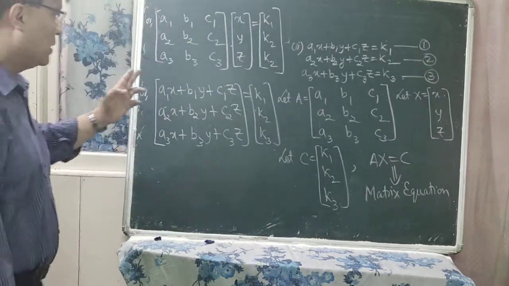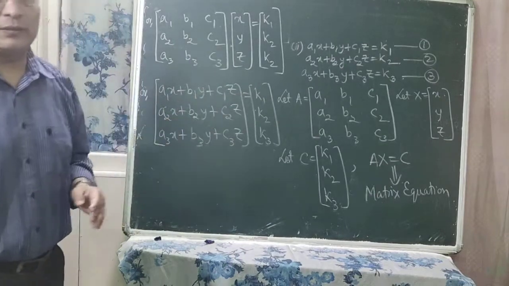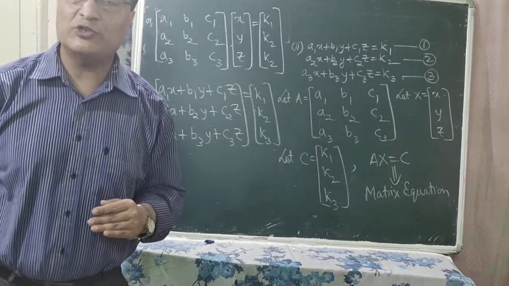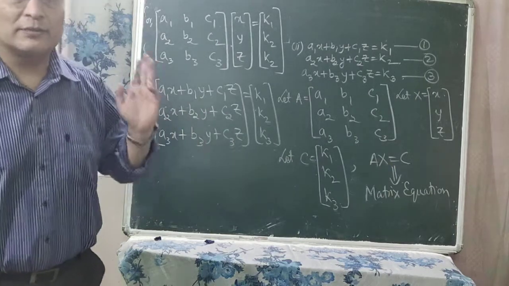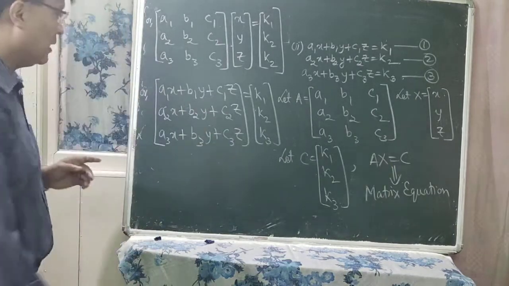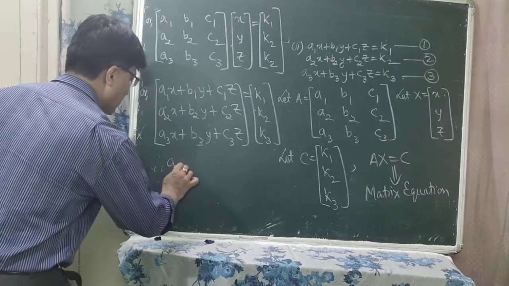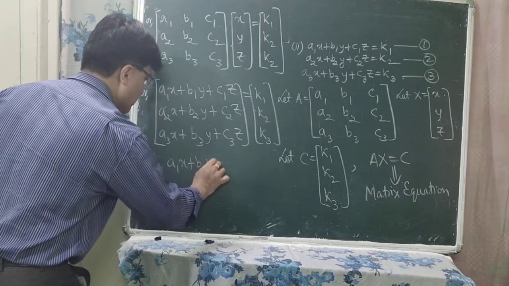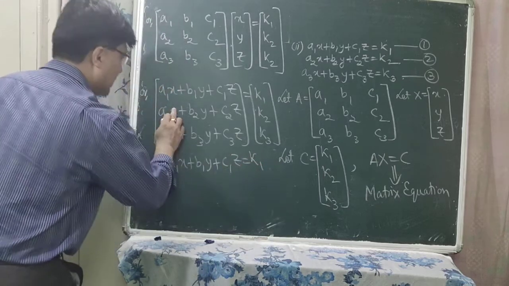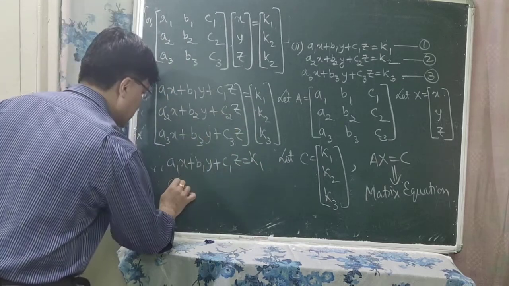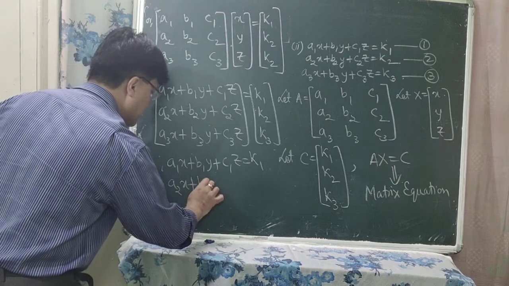Now these two matrices are equal, and from the definition of equality of two matrices, you know that their corresponding elements should be equal. That means what can you write? A1x plus B1y plus C1z is equal to K1. Next, these second elements can be equated.